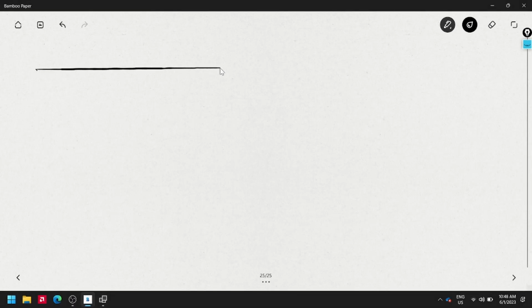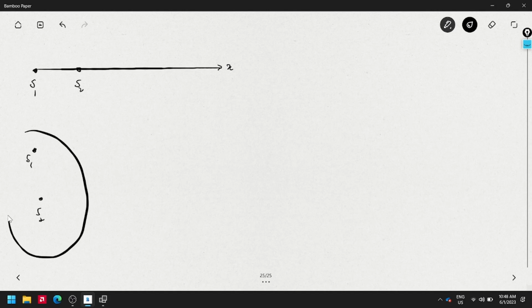So I have my x-axis over here, and then I have my source number 1 over here, and source number 2 is over here. When I draw this, the situation here is two-dimensional, okay? But if I do this, the situation is one-dimensional.